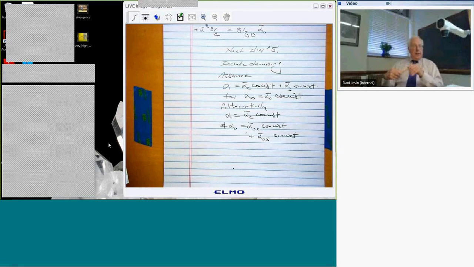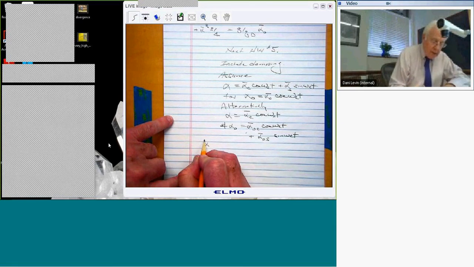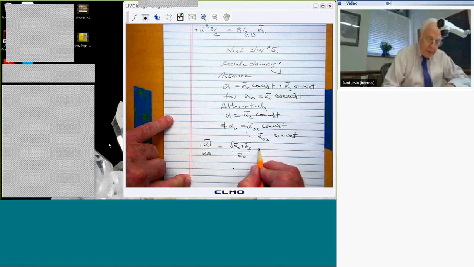And you know, if you end up computing something like the absolute value of alpha bar over alpha bar naught, it's really the square root of alpha bar C squared plus alpha bar S squared over alpha bar naught. Or you can compute alpha bar C over the square root of alpha naught C squared plus alpha naught S squared.